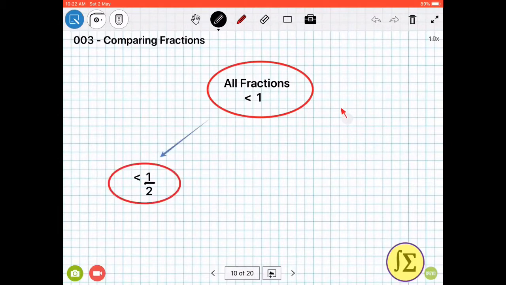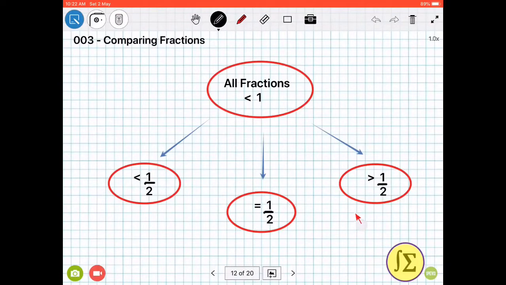The first group is fractions that are less than half, with a value between 0 and half. The other group has a value more than half, that is more than 1 over 2 but less than 1. And of course the third group will have a value of exactly half.